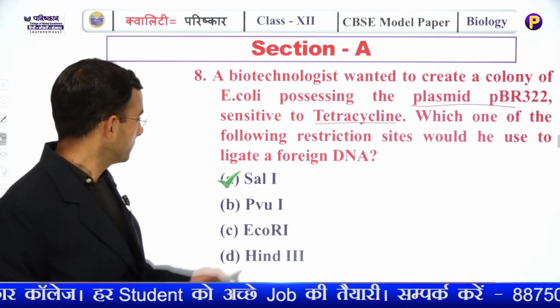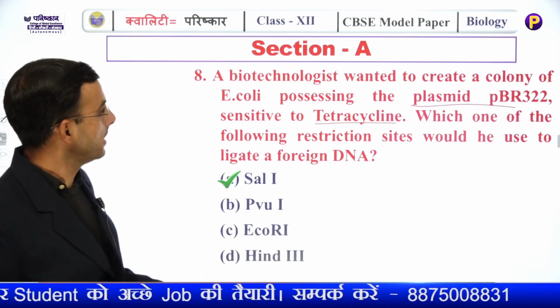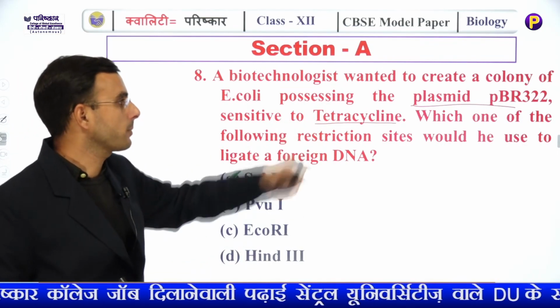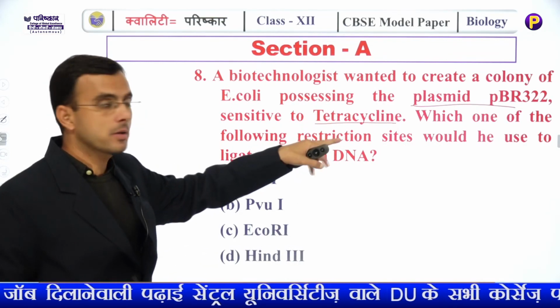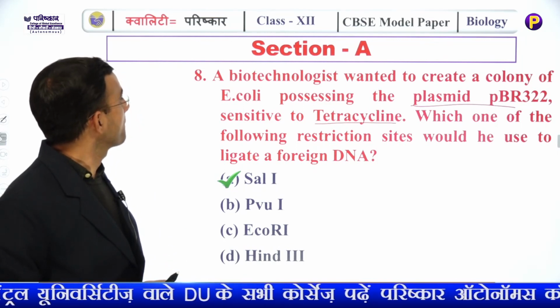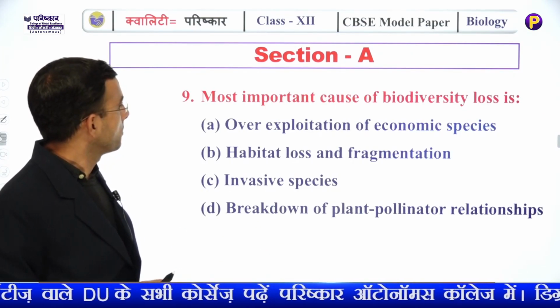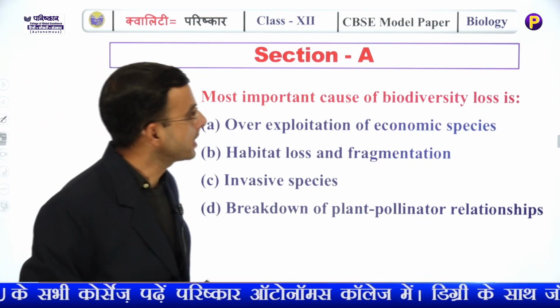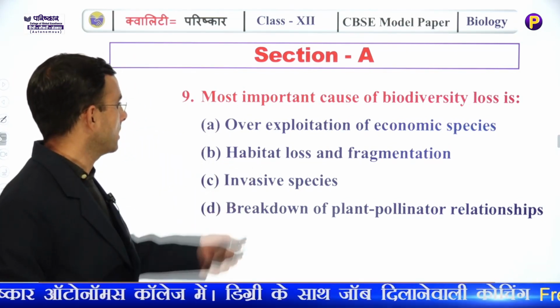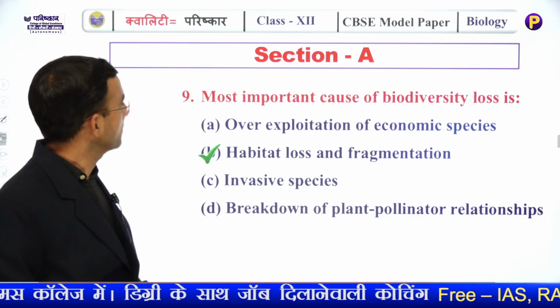So that restriction enzyme is utilized to cut the plasmid, and the plasmid is cut at the tetracycline resistance place. Okay. Now, the ninth one is the most important cause of biodiversity loss. That is a very simple question: habitat loss and fragmentation.